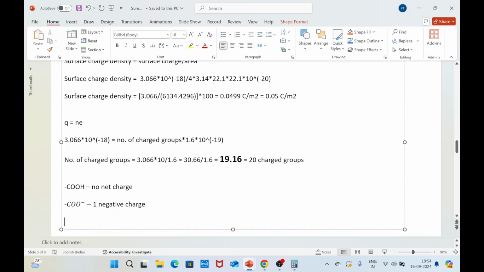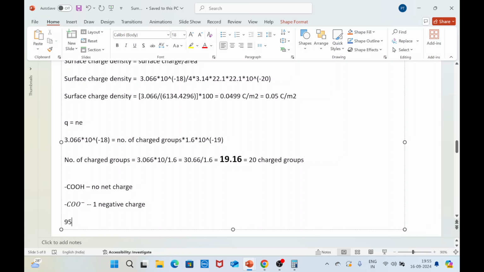This 19.16 is nothing but the 20% of the dissociated molecules from the surface of the micelle. So if 20% of the entire system is 19.16, then what is the total number?